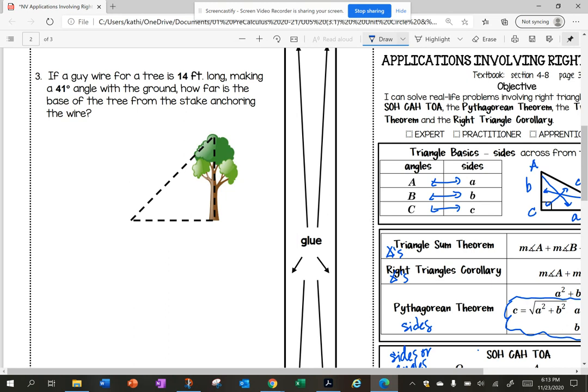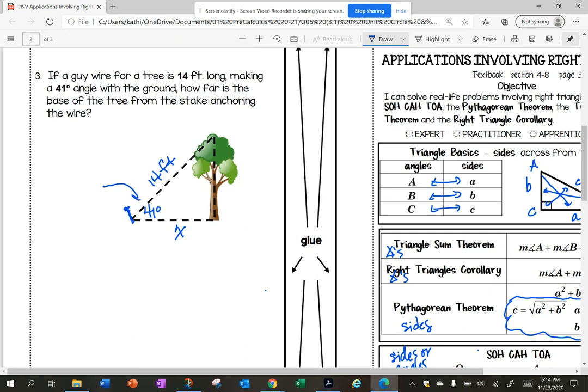So here's my stake. Here's my 41 degrees. The guy wire is 14 feet here. And it's asking me to find this distance. So from the guy wire to the tree.